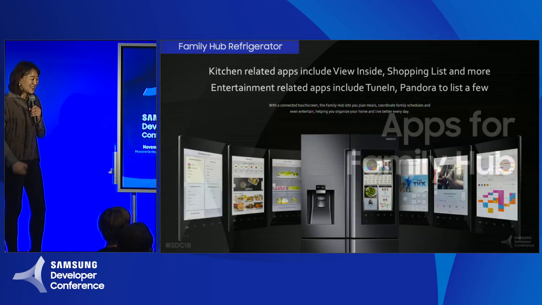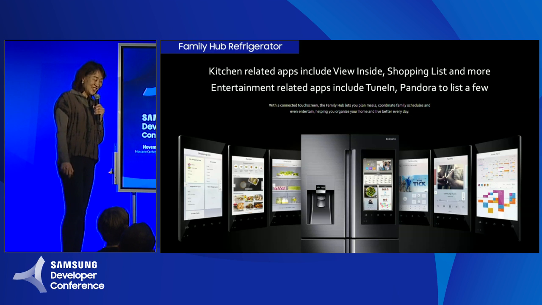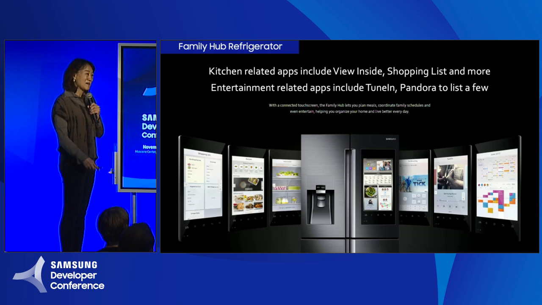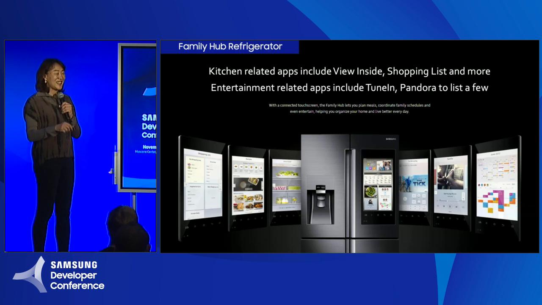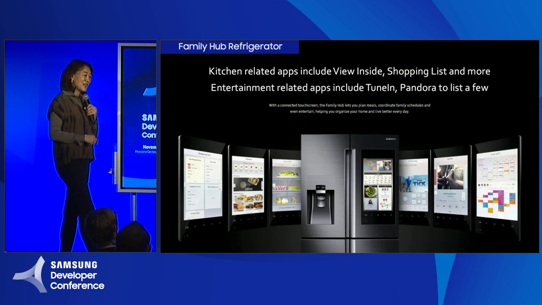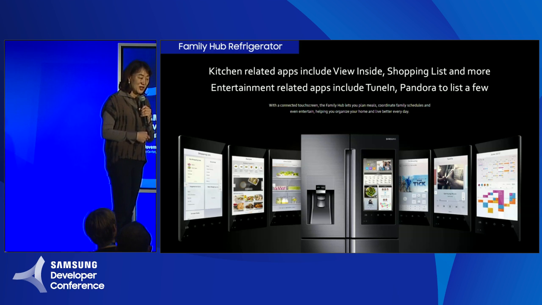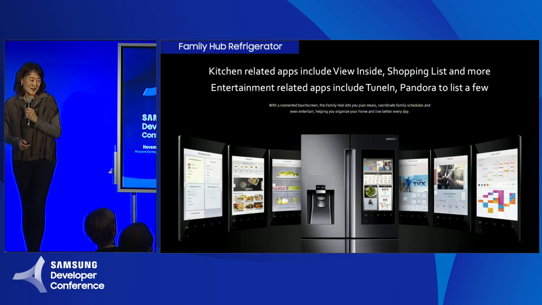Okay. So let me introduce a little more about the apps, because you may be interested in building some interesting apps. Family Hub already has many apps, including some about managing food, such as the shopping list. So you can keep the shopping list and then order it online, and there are also many apps related to entertainment, such as listening to music or watching video, things like that.